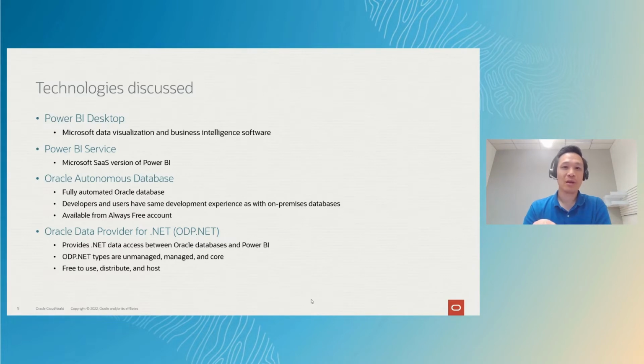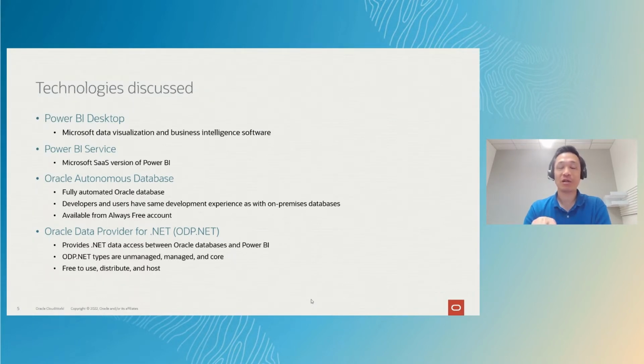The Oracle Autonomous Database may be new to some of you, but it's actually quite a mature product at this point. It's a fully automated database from a manageability standpoint. So what it does is it automates things like patching, security, scaling, high availability, backup. So a lot of the managerial tasks that are usually taken care of, the Oracle Autonomous Database actually automates.